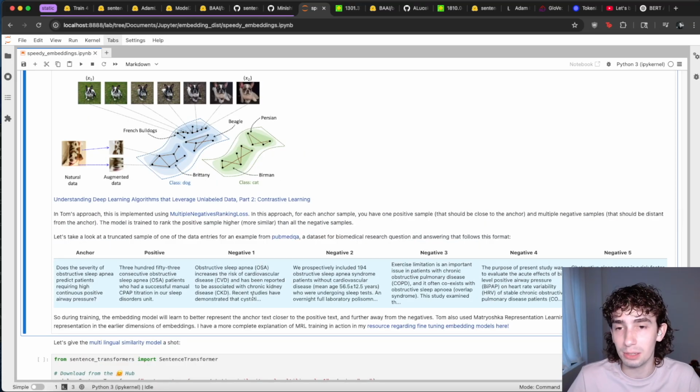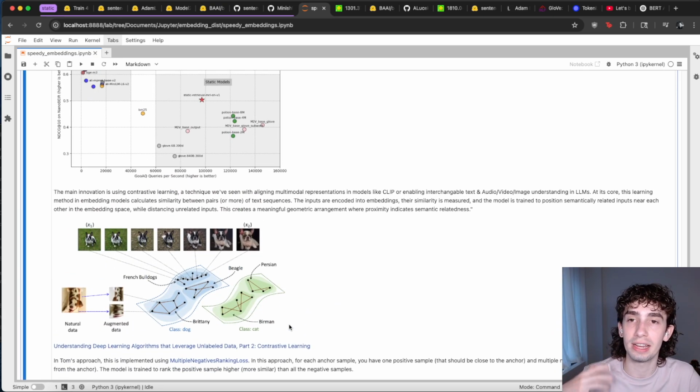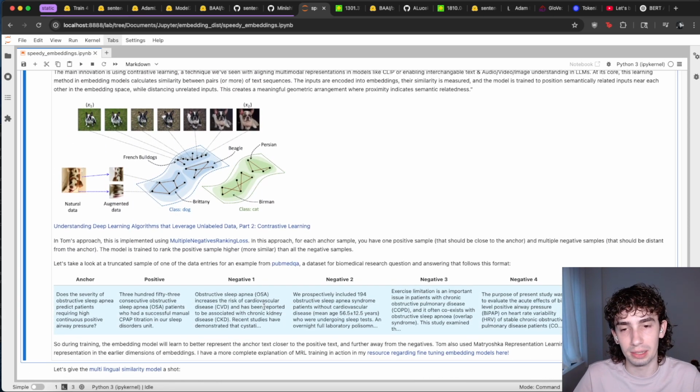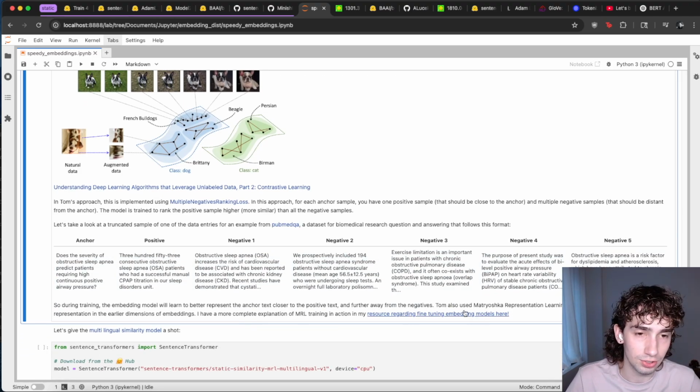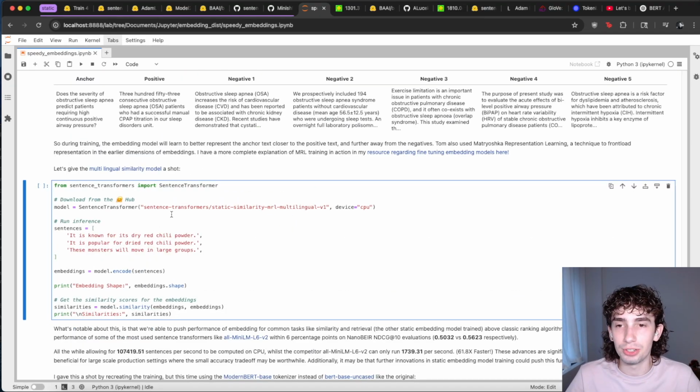So Tom and the team applied this with some modern data sets to train a fully new static embedding model, as well as using some Matryoshka representation learning, which I've implemented a few times in some of my other videos of fine-tuning sentence embedding models. But what we can do is go ahead and load it and give it a shot.